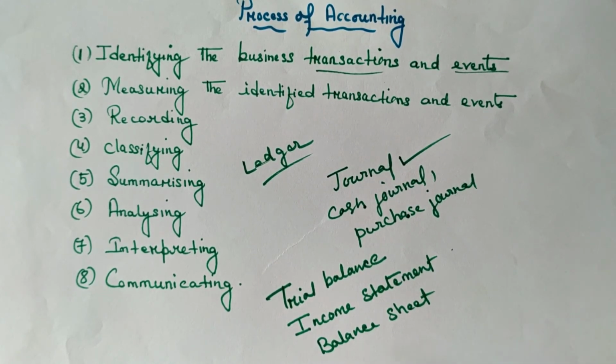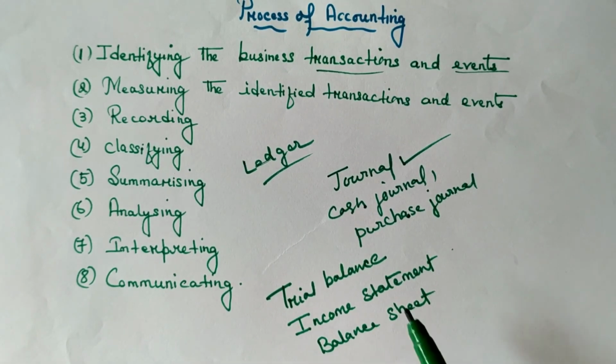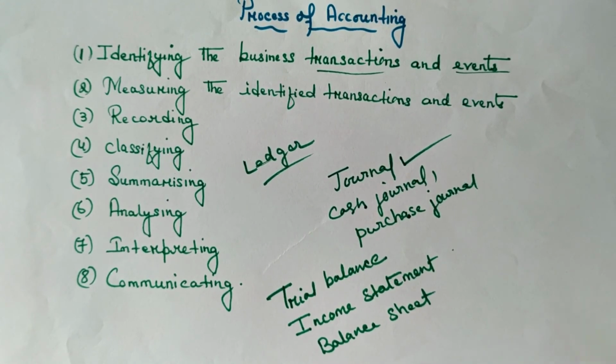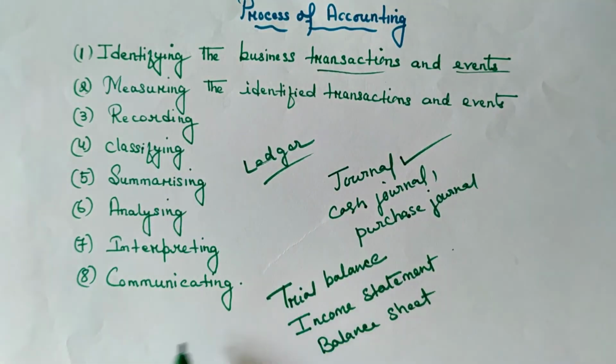This is done through preparation and distribution of accounting reports. These are in the form of accounting ratios, graphs, diagrams, fund flow statements, etc. So, today we have seen the 8 process of accounting.